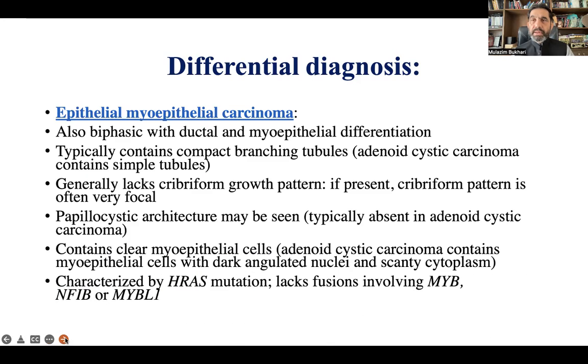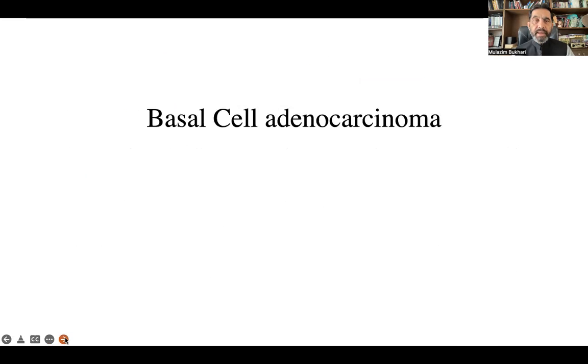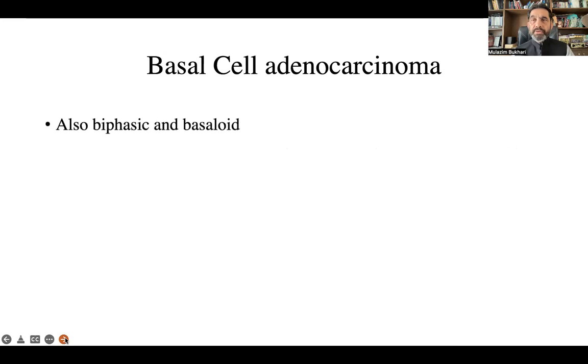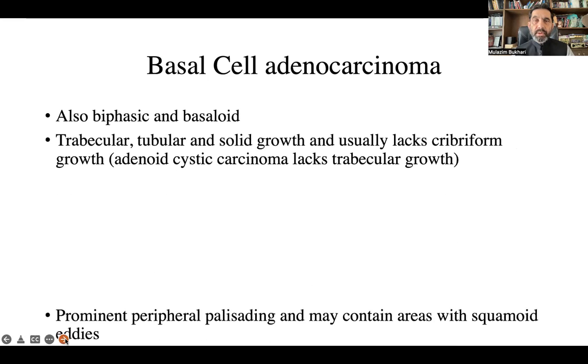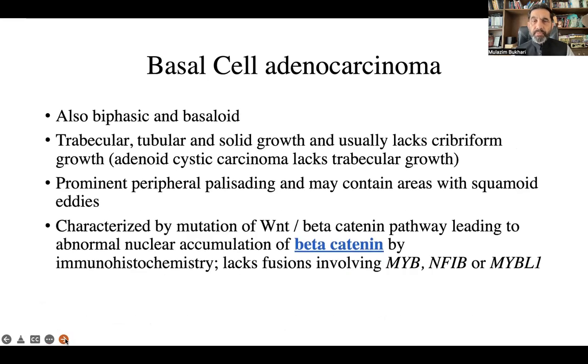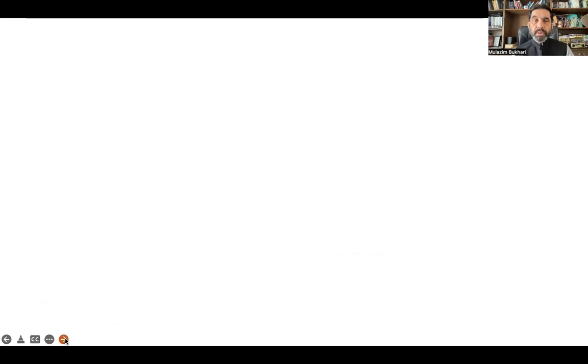In this way, we advise the students to concentrate on the histology, and you can advise the immunomarkers. Another differential diagnosis is basal cell adenoma, where morphology is important, and beta-catenin and MYB will differentiate the two tumors.